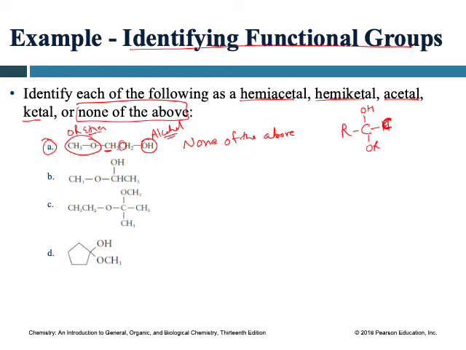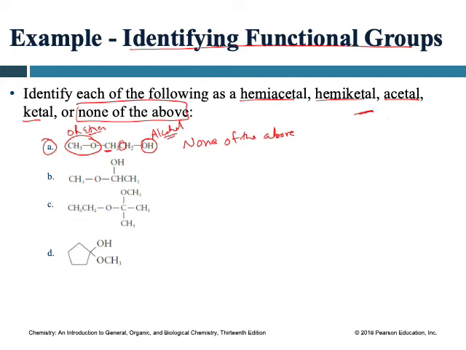If I remove this OH and put one more OR on the same carbon, then this is ketal. And then if I remove this carbon and replace with hydrogen, then it becomes acetal, because it comes from the aldehyde part and they have ether groups. So we already know the concepts to figure out which one is which out of the 4 groups that are given, right?